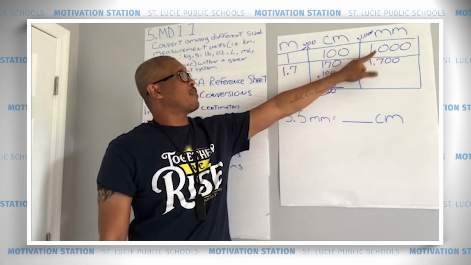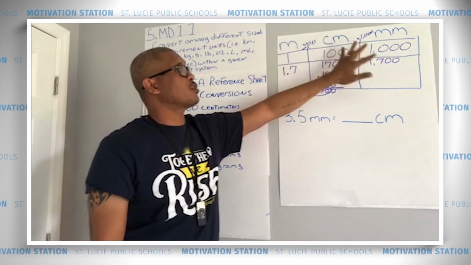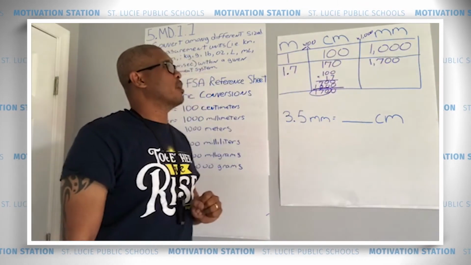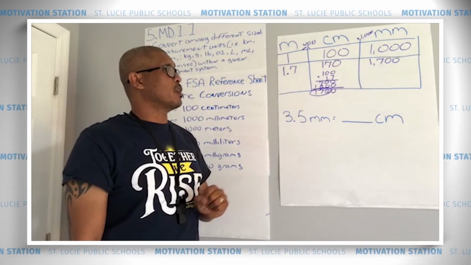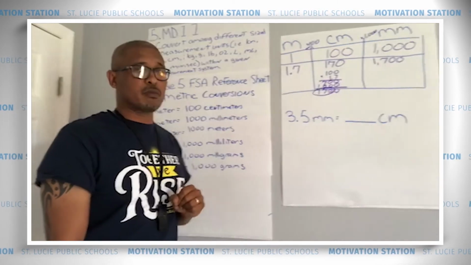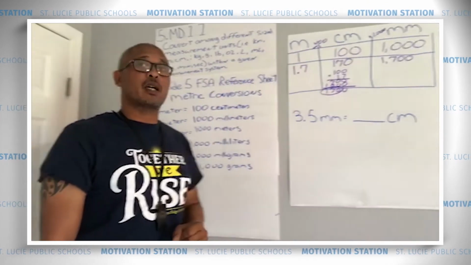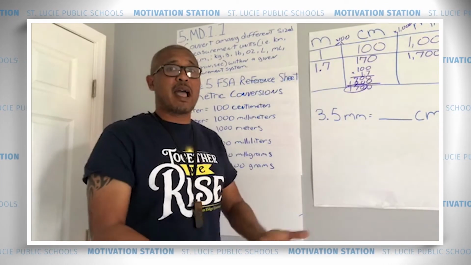I do have that, because 1 meter is equivalent to 100 centimeters. 1 meter is also equivalent to 1,000 millimeters. So therefore, 100 centimeters is also equivalent to 1,000 millimeters. I have that.